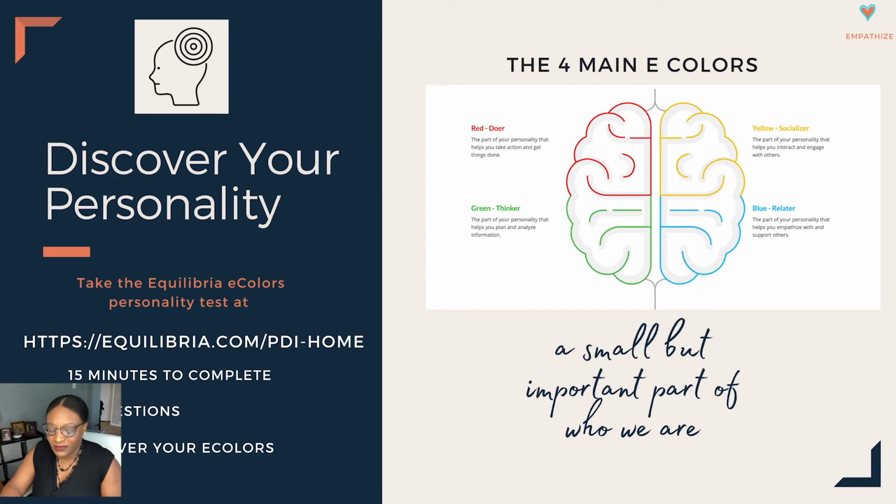So take that information, and really absorb it. Be kind to yourself. I don't want anyone to take this information and then be harsh to yourself or harsh to others, because there is no one right or wrong way to be. Everyone is needed to be able to create a complete picture, right?